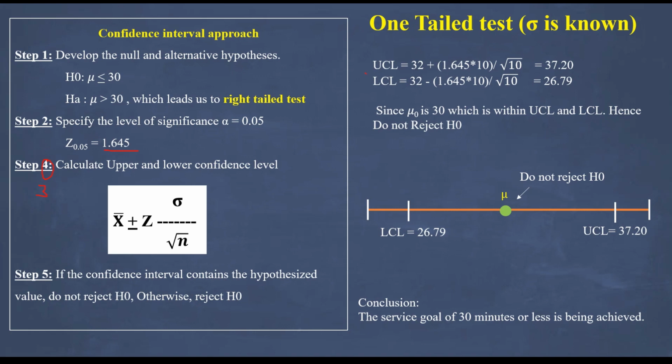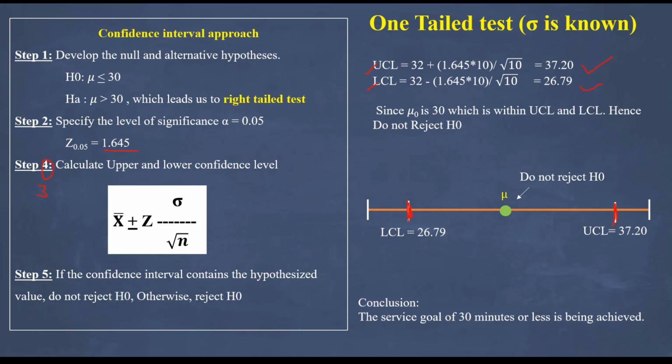So we have calculated the upper confidence level, that is 32 plus 1.645 into 10 divided by under root 10, which comes out to be 37.20, and the LCL comes out to be 26.79. So these represent the LCL and UCL.